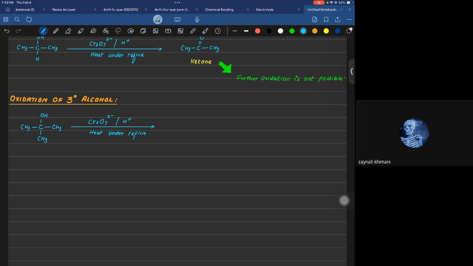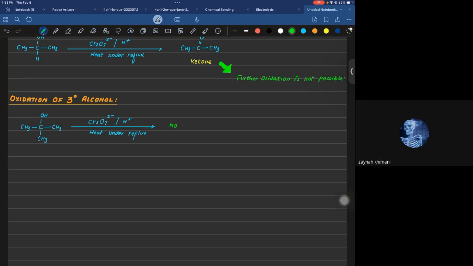In reflux, the heating is through a water bath, and this is uniform heating. Let's suppose you have a round bottom flask placed in the hot bath. This is called reflux, and the condenser is also fitted.